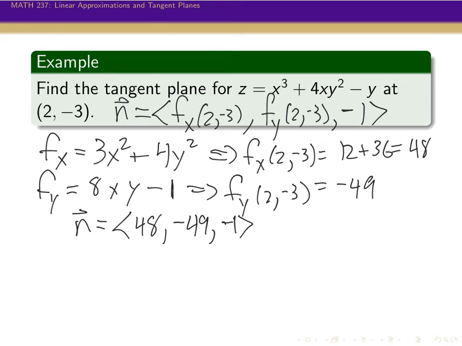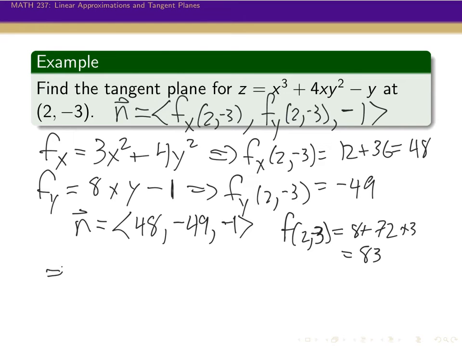We need the z coordinate for our point, which is going to be plugging 2 comma minus 3 into the function, which is going to be 8 plus 4 times 2 is 8 times 9 is 72. Minus 3 is going to give me plus 3, and so I think that is 83. Yeah, 8 plus 8 times 9 gives me 80. Add another 3 gives me 83.